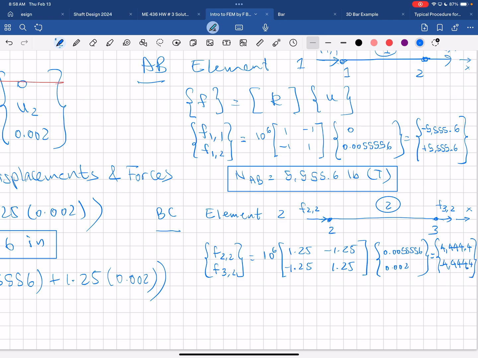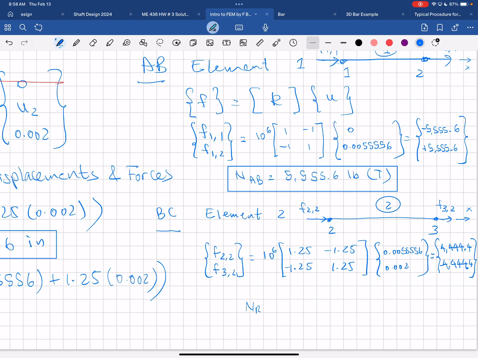Now look at this. This time, the start node, or node 2, has a positive, meaning that this F22 is going from left to right, or pushing on 2. And if you look at node 3, this is negative, so this is also pushing at 3. From this, we conclude that BC or element 2 is in compression.